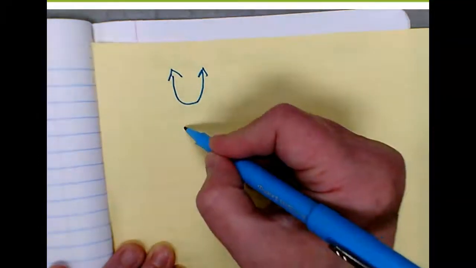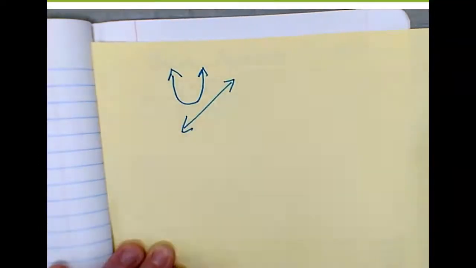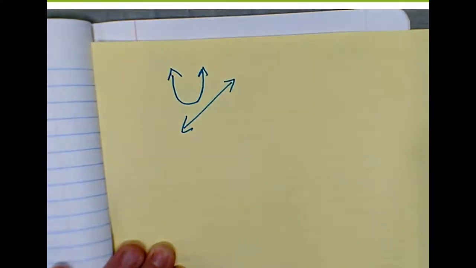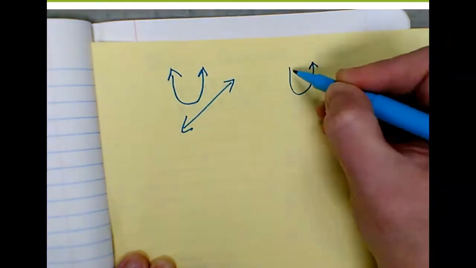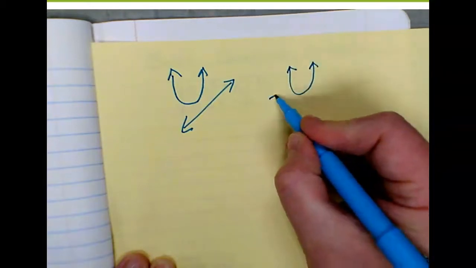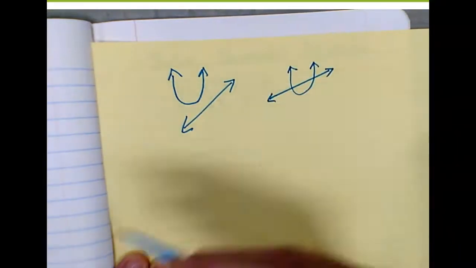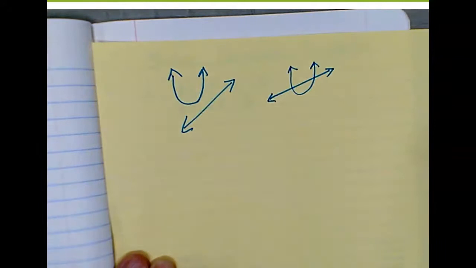If I had a parabola like that and a line like that, would I have any intersection points? So that would be no solution. If I had a parabola like this and a line like that, how many solutions?